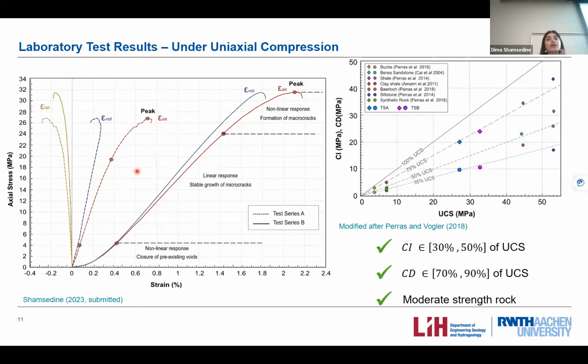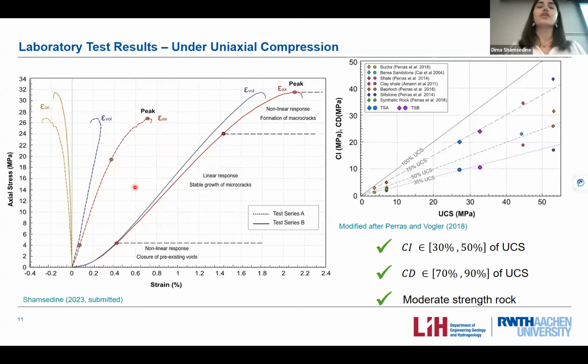And we have represented both test series: test series A by dashed curves, and test series B by continuous curves. And we can see that test series B, having higher binder saturation, achieved a higher UCS value, 32 megapascals, compared to test series A, which is around 27 megapascals.